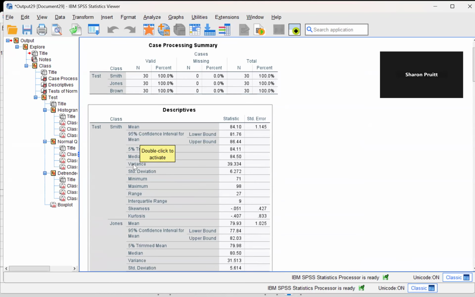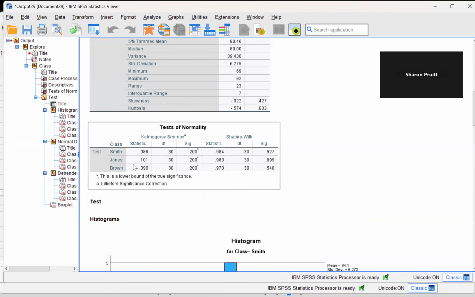The ANCOVA is robust to minor deviations from normality. And when we go to the test of normality, we see that each class, Smith, Jones, and Brown, has a p-value greater than 0.05. Therefore, the normality assumption was considered met.